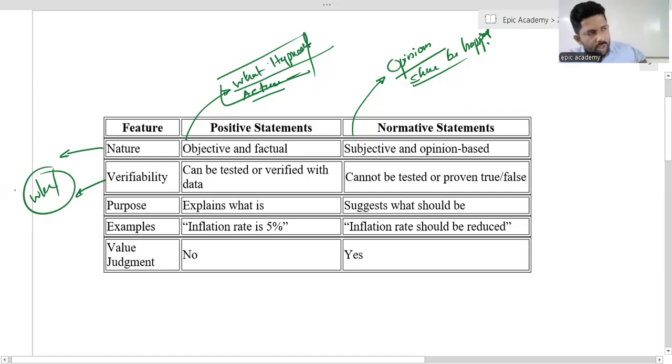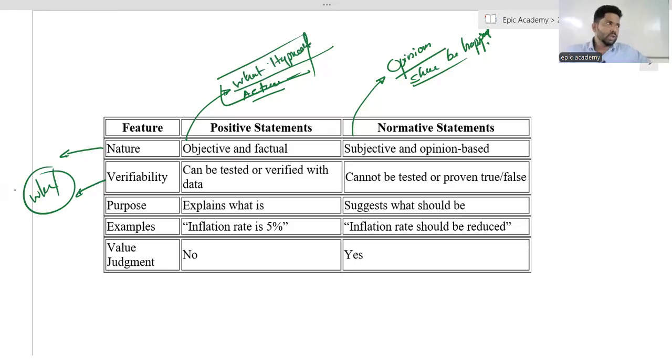A positive statement is always based on evidence, on true data and information. That is why you can verify the statement by using the data. But unfortunately, the normative statement cannot be tested. You cannot prove whether it is true or false.